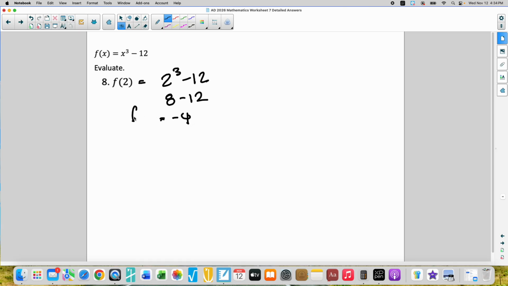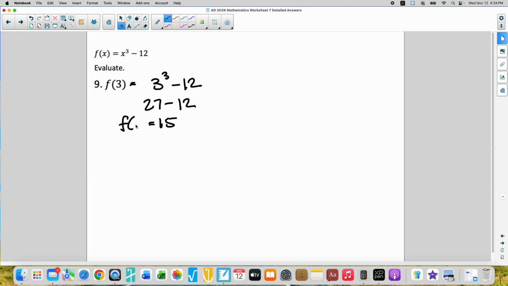So f of 2, positive 2, is negative 4. f of 3, 3 cubed minus 12, that's 27 minus 12, which gives us 15. F of 3 is 15. Okay. And now here it is.